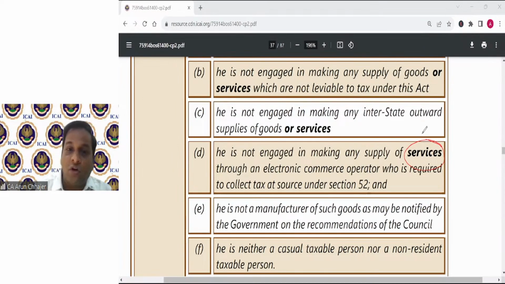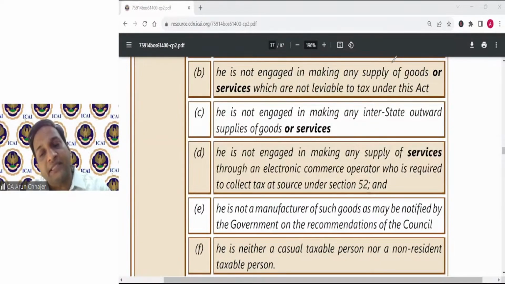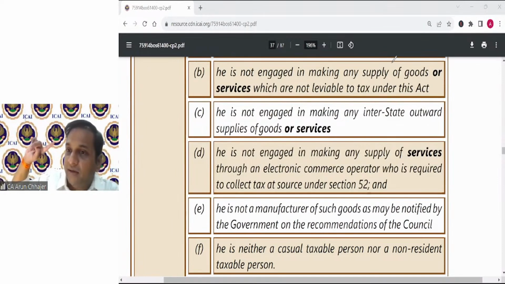If I am making supply of goods through ECO, initially that was a prohibited category, but finally the Finance Act 23 has made the amendment, by which you can make the supply of goods, that is okay. But services was initially permitted, and at a later stage it was added.